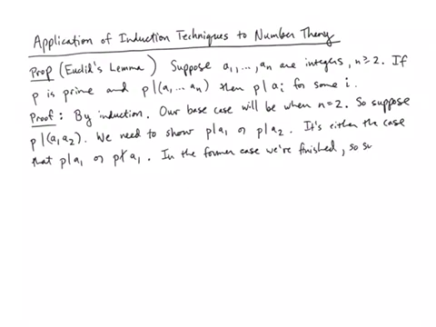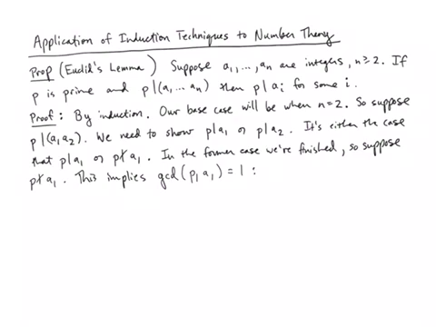So suppose that p does not divide a1. This implies that the GCD of p and a1 is equal to 1.